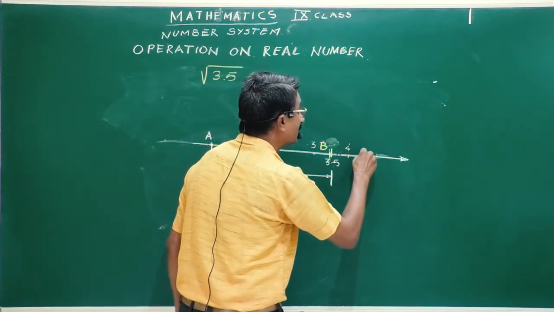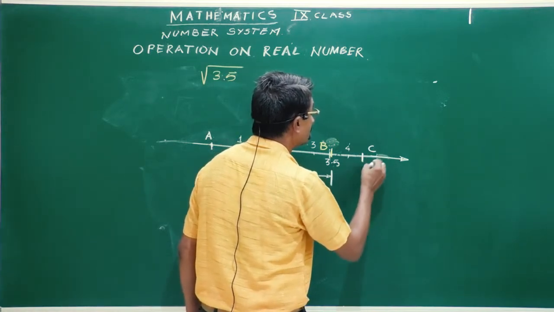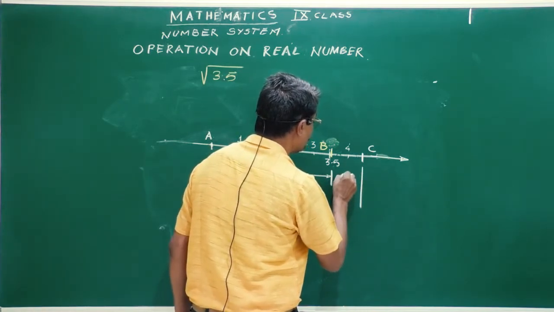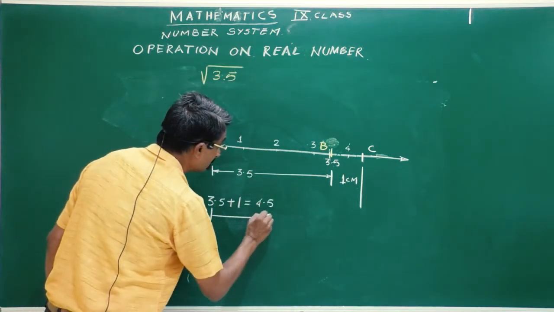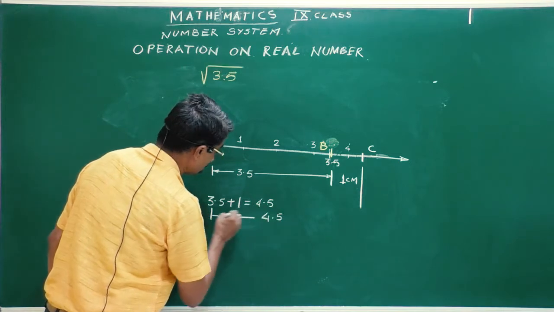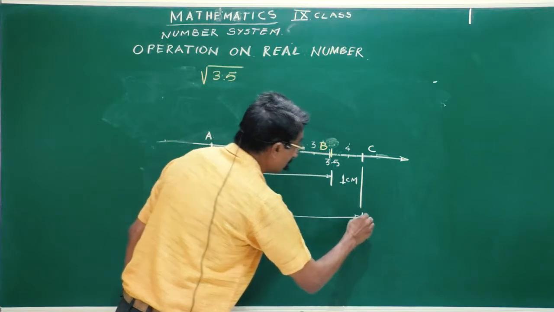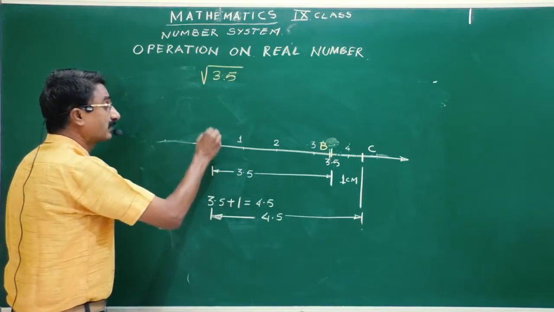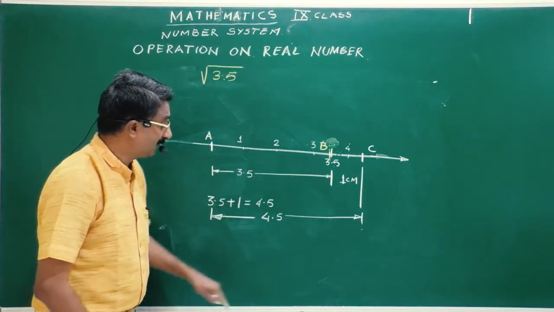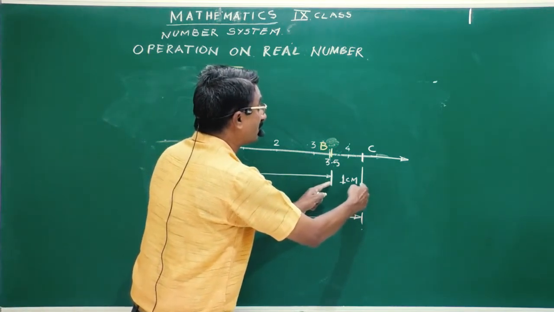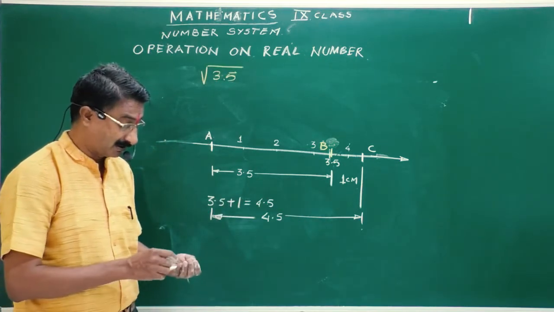So I will mark here, this is 4.5 and this is point C. This is 1 centimeter. Every time we have to measure the distance from the point A, because this is 0. 1, 2, 3, 3.5 and this is 4.5. In every case, you have to add 1 centimeter.